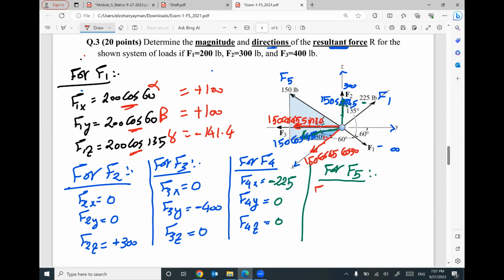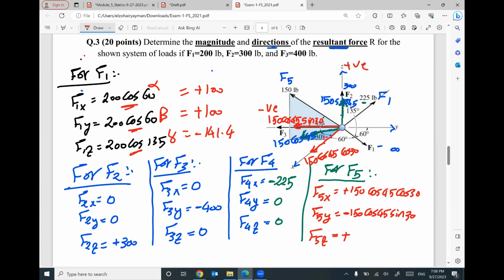So F5x equals positive 150 cosine 45 cosine 30. F5 in the y direction equals negative, because this is the negative direction for y, 150 cosine 45 sine 30. F5 in the z direction equals positive, because this is the positive direction for z, 150 sine 45.